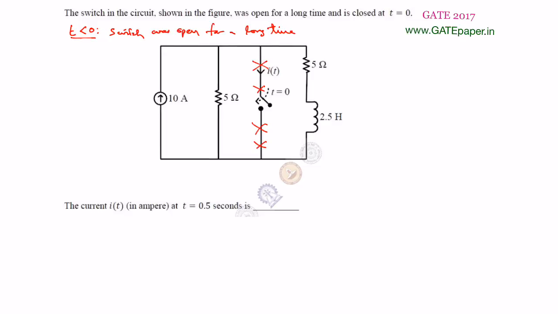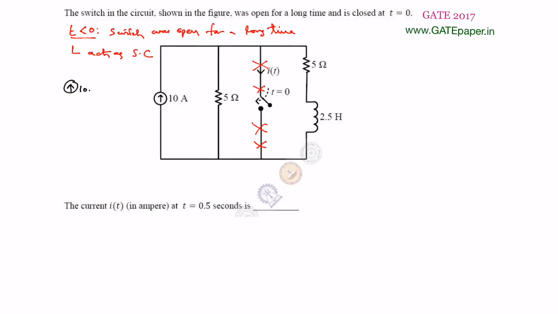It consists of only 3 branches, that is 10 amperes flowing into 5 ohms and 5 ohms. And for a long time the inductor reaches a steady state. Inductor L acts as a short circuit. So under steady state the inductor acts as a short circuit since the switch was open for a long time. So replace the inductor with a short circuit, with removal of this switch branch. Then the equivalent circuit looks like this.